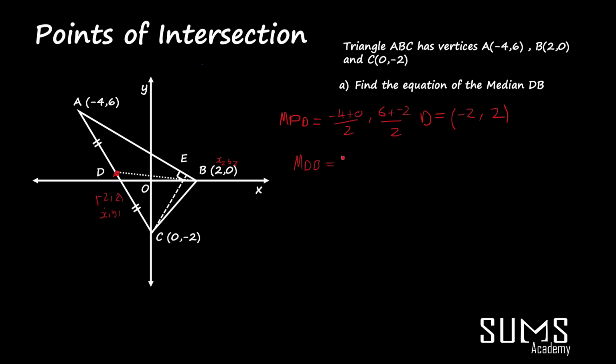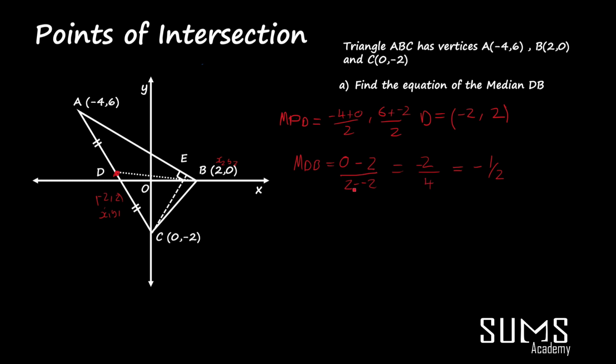So 0 minus 2 all over 2 minus -2. So that is -2 over 4, since 2 minus -2 is the same as 2 plus 2. That simplifies down to -1/2.